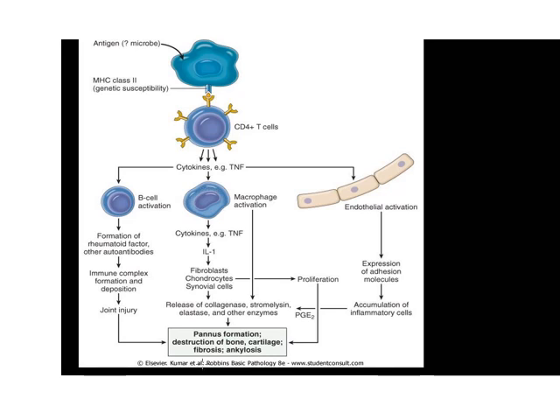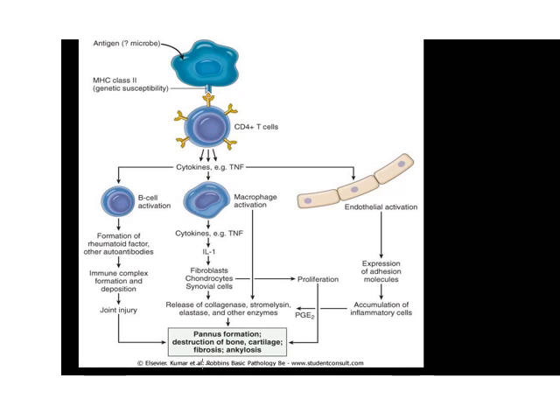Now this is the pathology process of rheumatoid arthritis. Some anti-arthritogenic antigen presented through the antigen presenting cell, and genetic susceptibility causes the expression of MHC class 2 and involve the CD4 T cells.